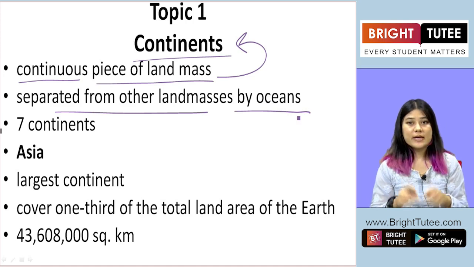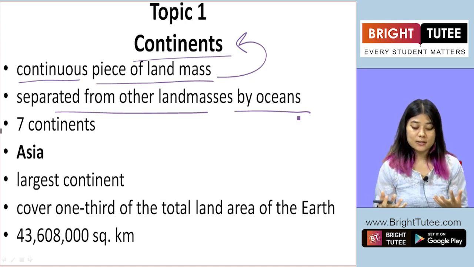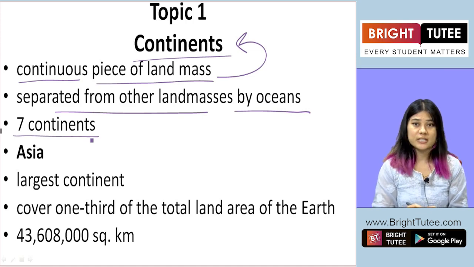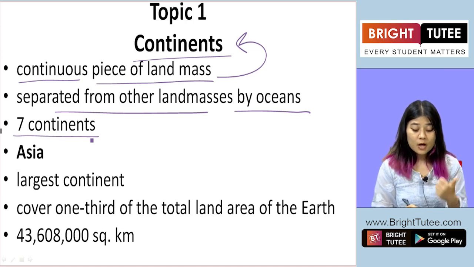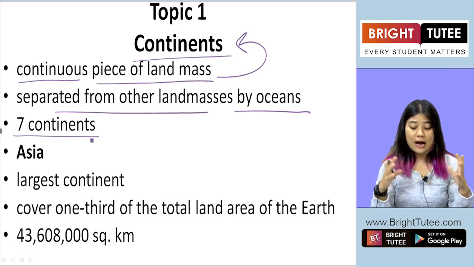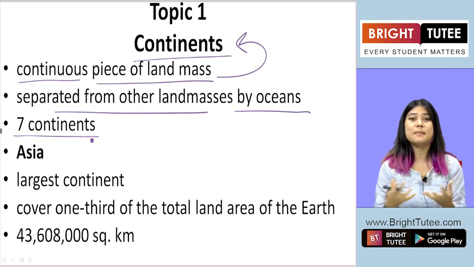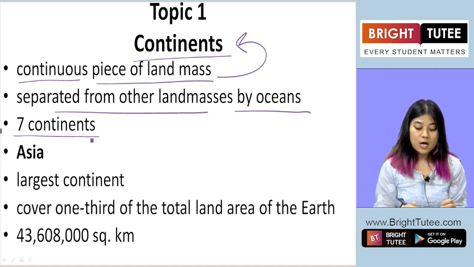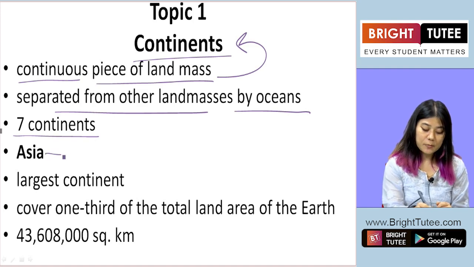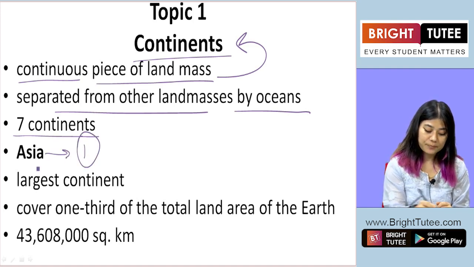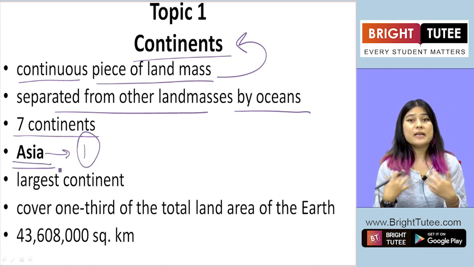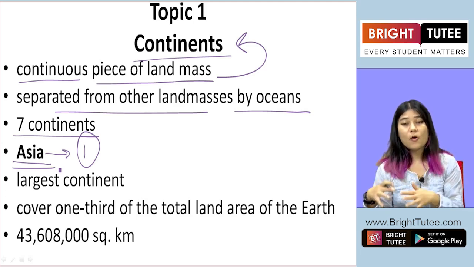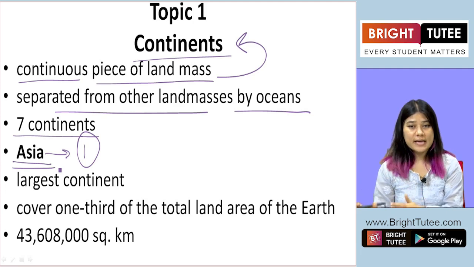Okay. Now, in our planet Earth, there are 7 continents. Okay. So, these 7 continents make the land mass of the earth. So, the first continent that we are going to look at is Asia. So, the continent where we live in India, okay, India falls in the continent of Asia.